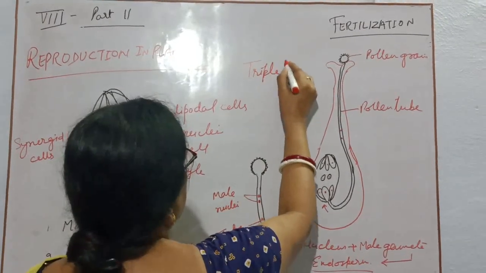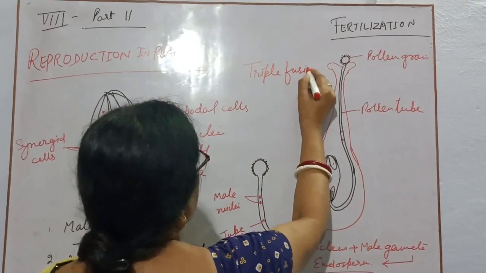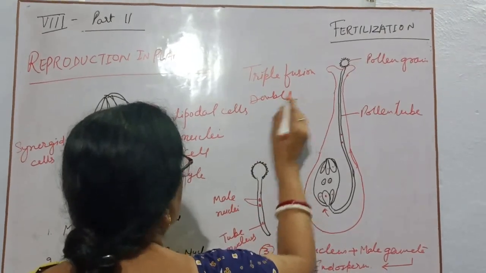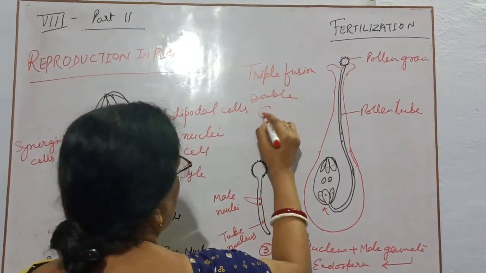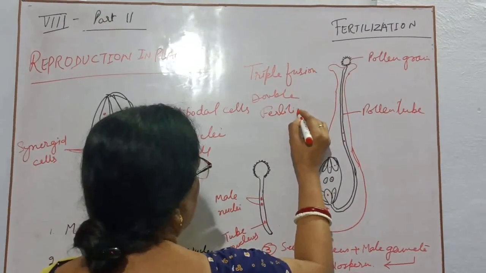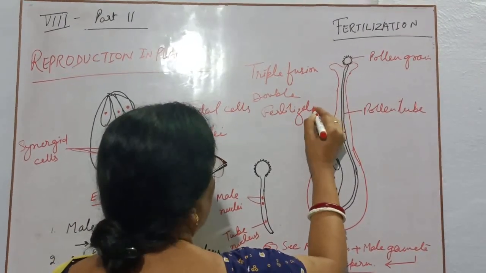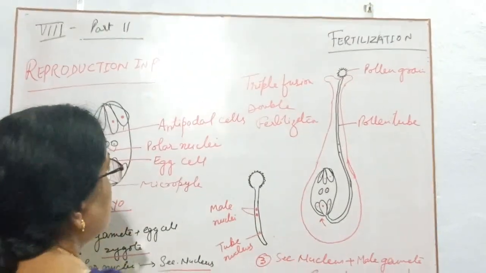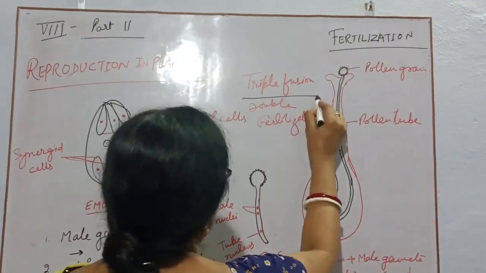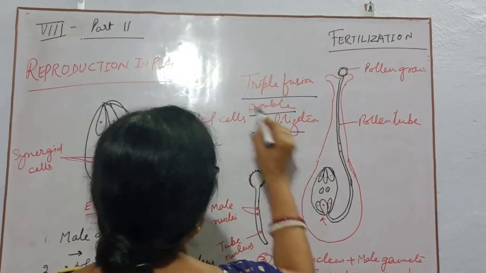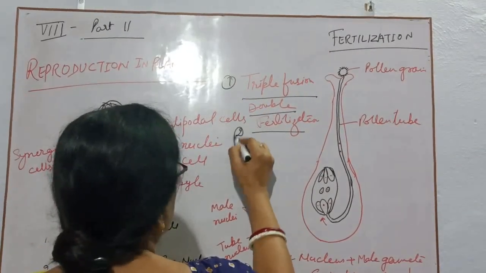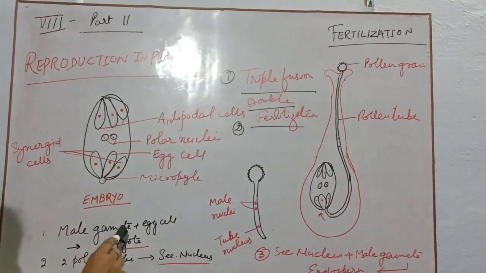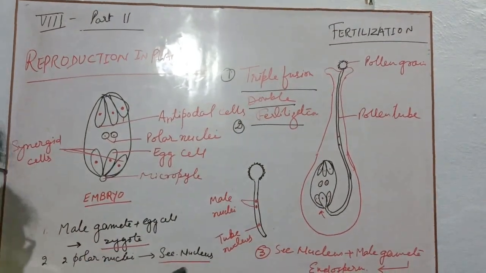In plants, there are triple fusion and double fertilization. Now children, you can understand triple fusion: three fusions are taking place.